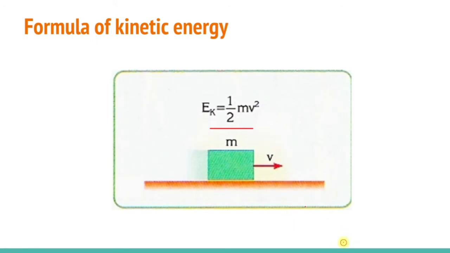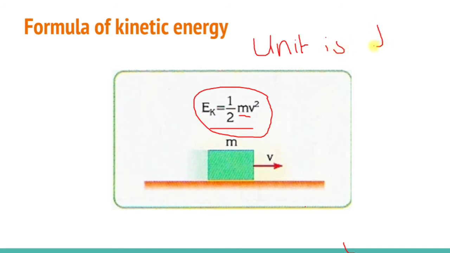The kinetic energy is equal to 1 over 2 times the mass times the velocity squared. It's the formula of kinetic energy. The unit of kinetic energy, kinetic энергияның өлшем бірлігі, ол бізде не болады оқушылар? Joule, yes, joule. This energy is measured in joules.